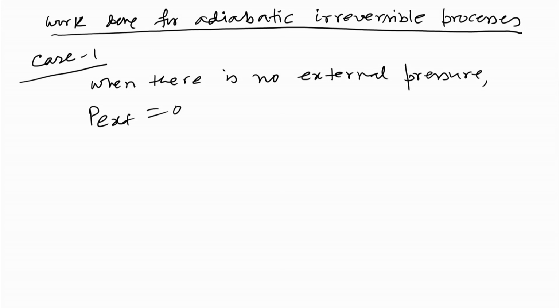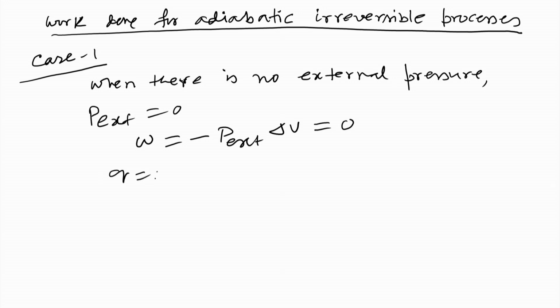This is the simplest case one can think of. In that case we get W is minus P external delta V, that is the general expression for calculating work done. So, you get 0. Okay, so work done is 0 and the process is adiabatic one.